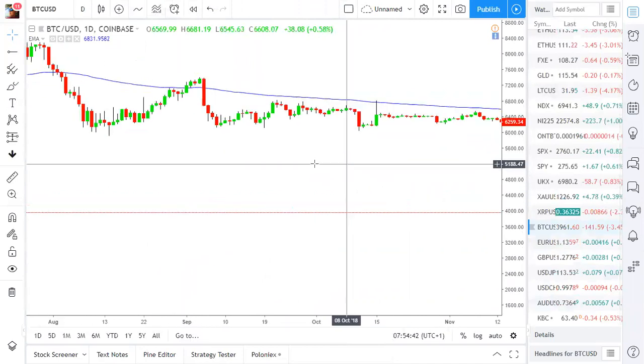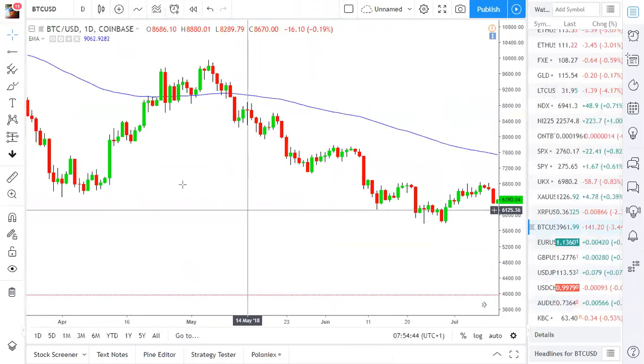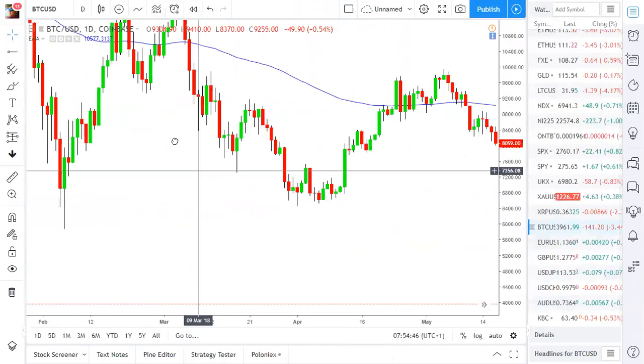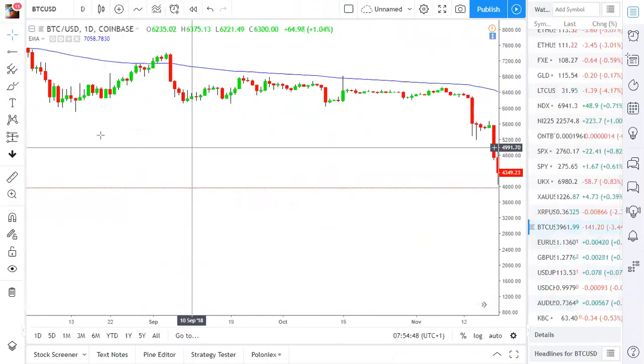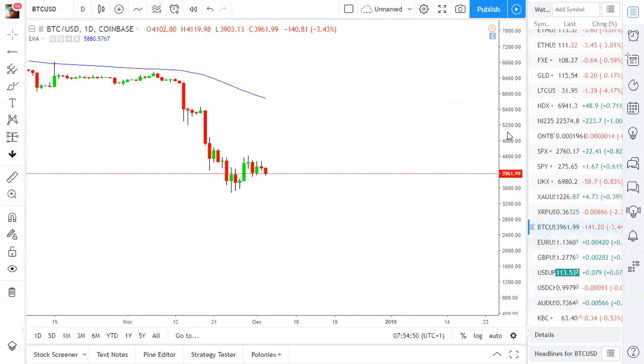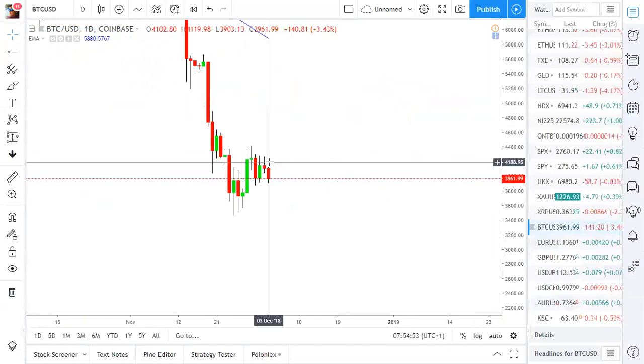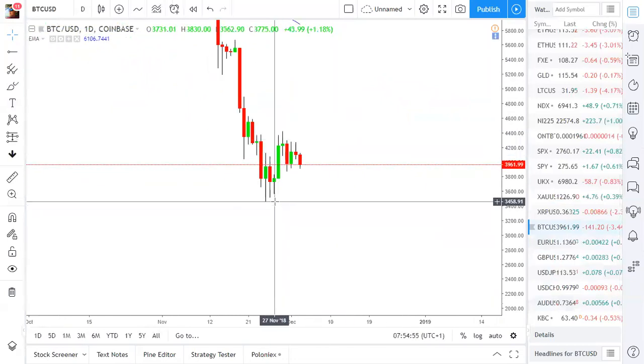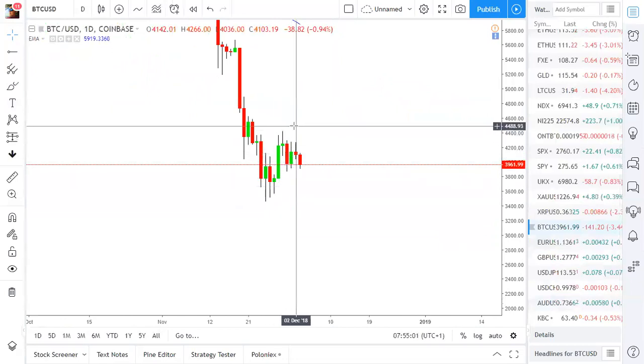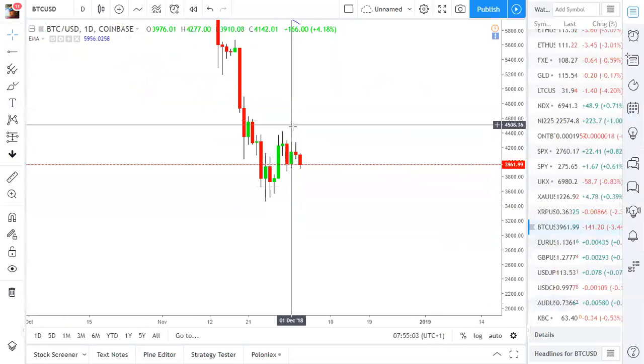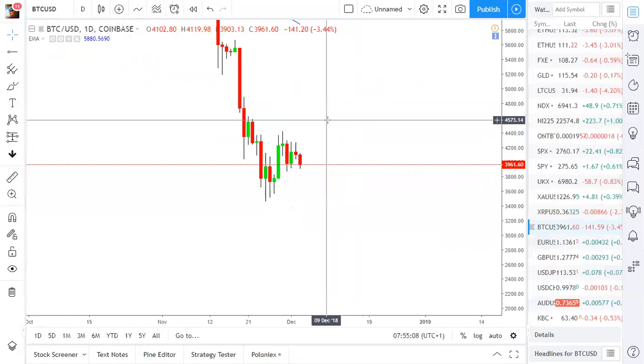So we've been in a downtrend, as you can see, on the Bitcoin versus the dollar. And at the moment, we're just consolidating at this area between $3,450 and around the $4,400 mark.